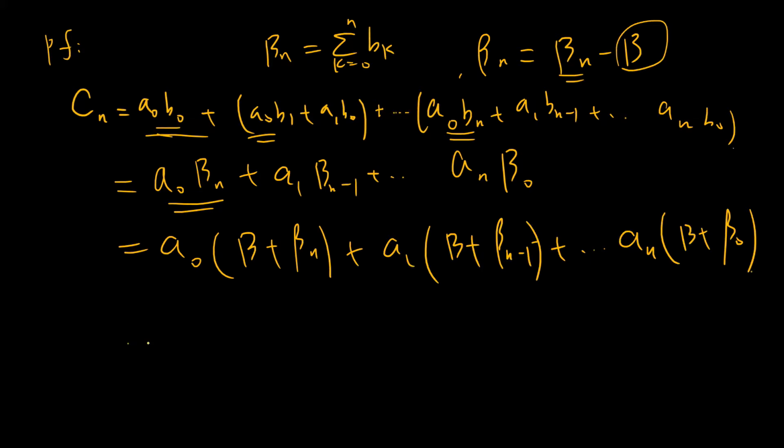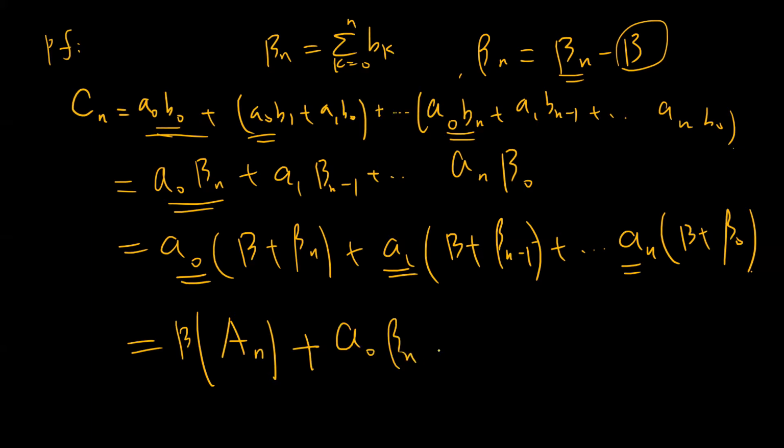Okay, so from this, let's take all the large B out. We got a0, a1, up to an, so this is An, the partial sum of the small a, times B, plus a0 beta n, a1 beta n minus 1, up to an beta 0.